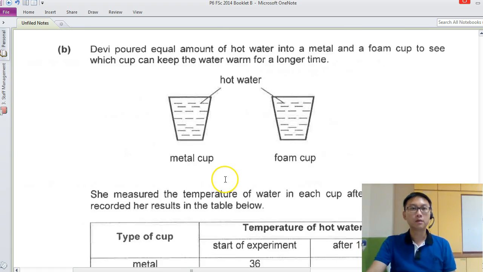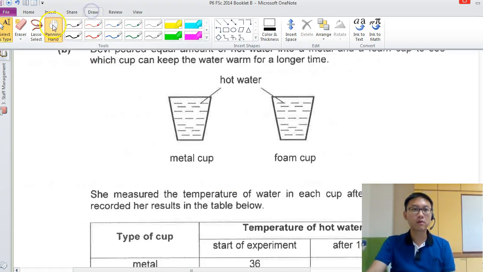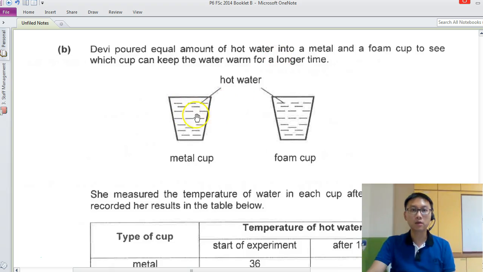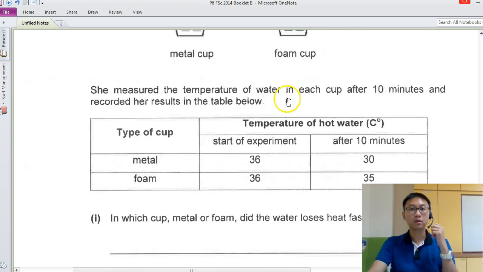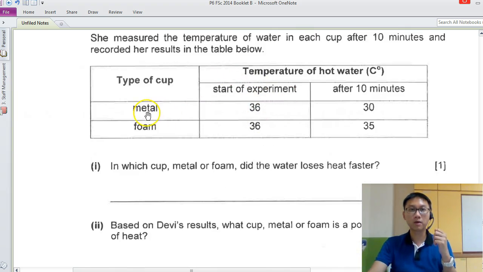Now, Davy poured equal amount of hot water into a metal and a foam cup to see which cup can keep the water warm for a longer time. So she measured the temperature. At the start both are the same temperature, but at the end of 10 minutes, in the metal cup the hot water is 30 degrees, while the foam is 35.